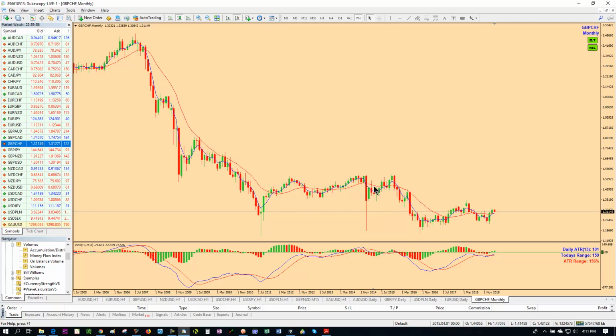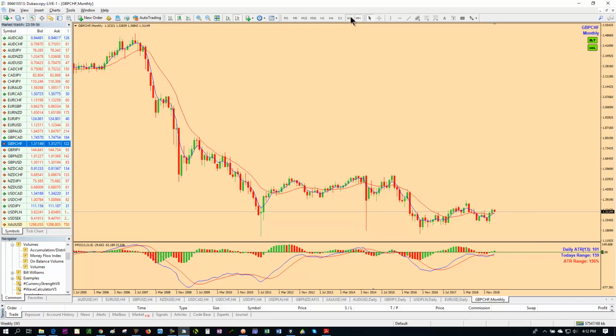For a number of years, from 2012 through to the 2014-15 area, it went sideways mainly, and then a huge drop again from 2016 down, and now again we're going sideways. And at this point on the chart, finally it's starting to do a little bit of an up move right here. So that's where we are currently.